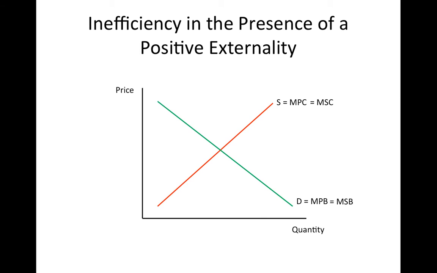If the positive externality affects producers, as in the beekeeping example, then the social costs of production are less than the private costs of production, and the marginal social cost curve is below the supply curve. In this case as well, the socially optimal quantity of the good is greater than the privately optimal quantity.